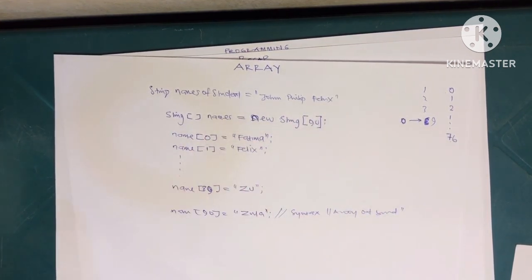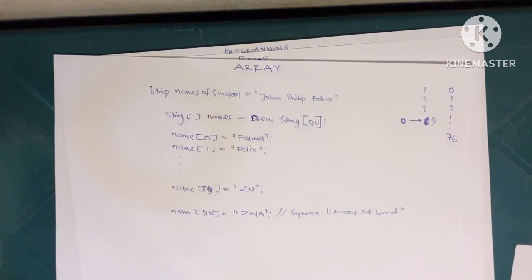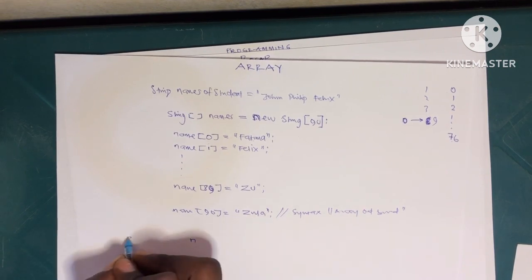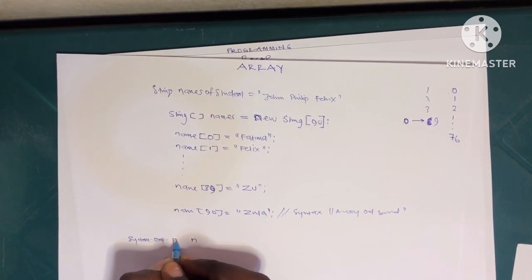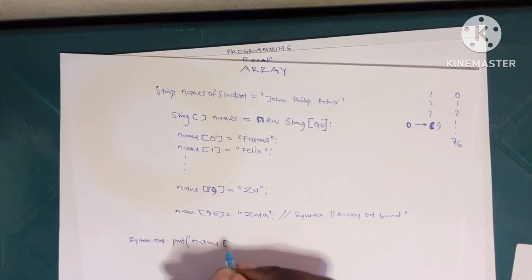Let's say you've assigned up to 89, up to 90 values. What if you want to access it? Let's say you want to know the 20th student. What you do is you say System.out.print, name, then you give us the index.